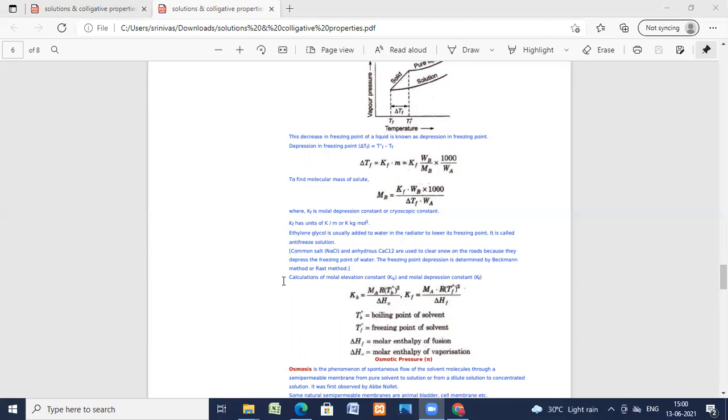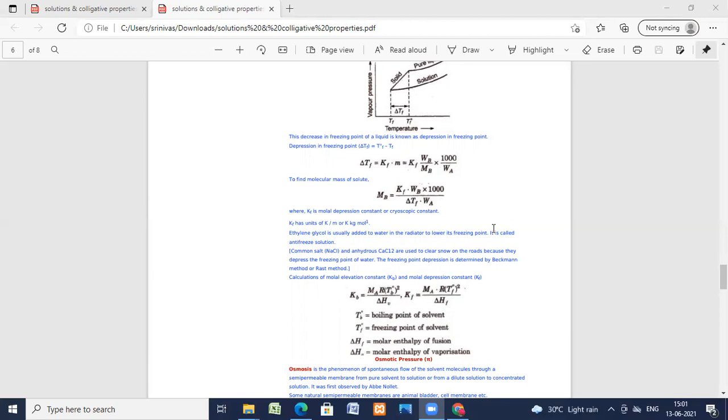Now, you can see some applications. Ethylene glycol is usually added to water in the radiator to lower the freezing point. This is an anti-freezing solution. When we add ethylene glycol, the freezing point decreases, so that solution is an anti-freezing solution. Common salt, NaCl, and anhydrous calcium chloride are used to clear the snow on the roads.